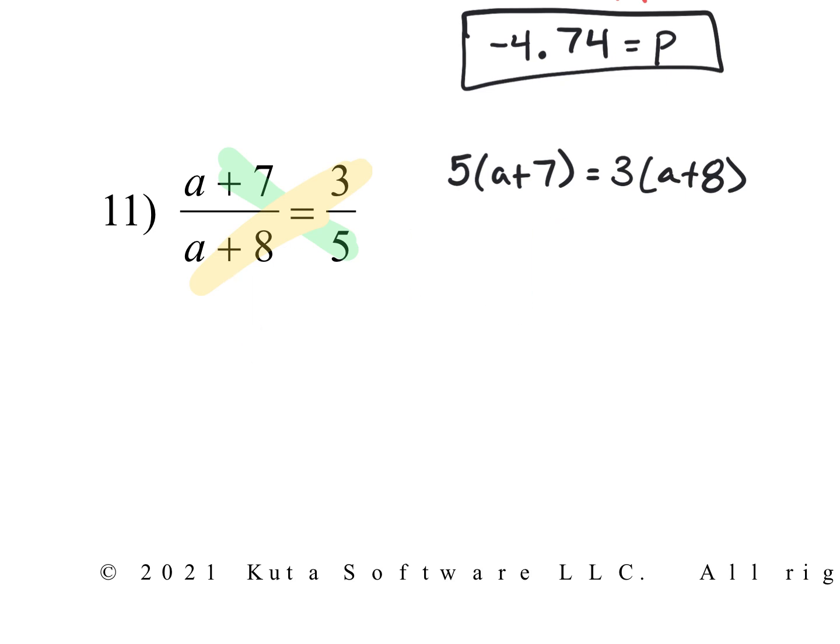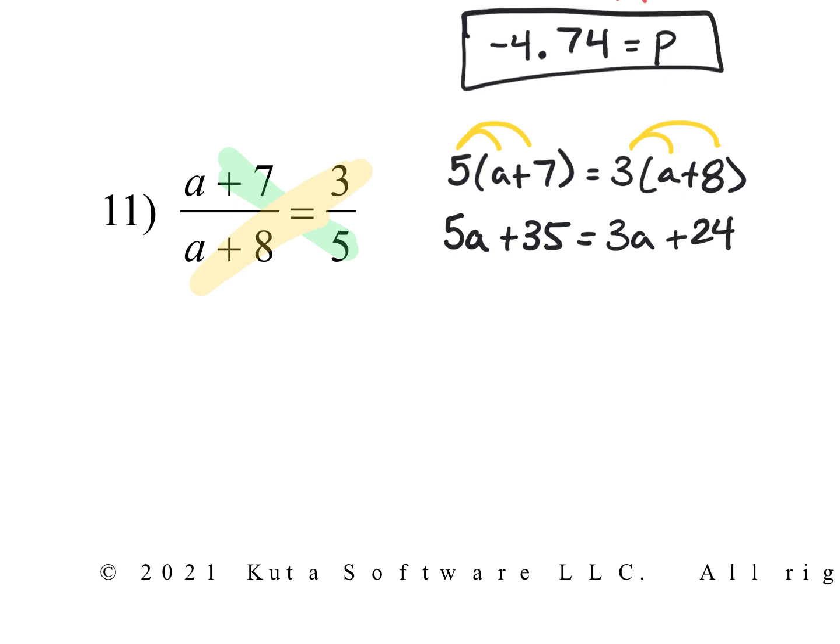So there it does. Now, you guys already know we're going to have to distribute to be able to simplify this. 5 times a is 5a. 5 times 7 is 35. That equals, well, now you've got to distribute on the other side. 3 times a is 3a, 3 times 8 is 24.